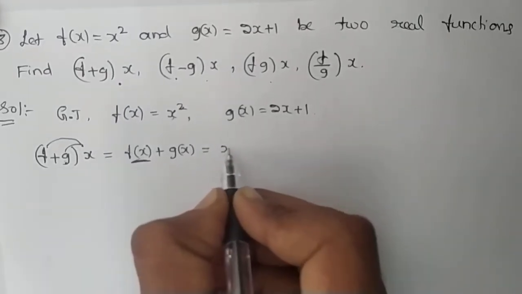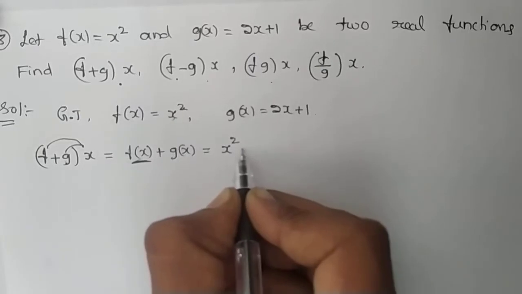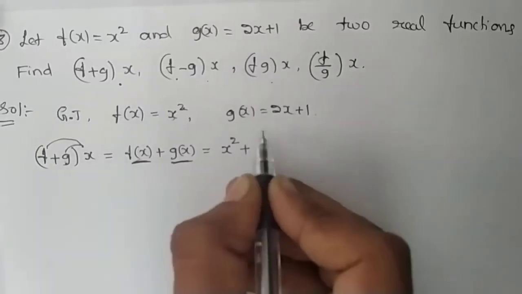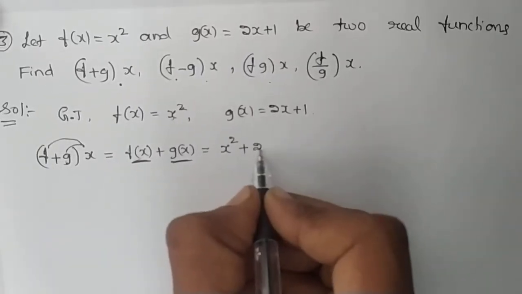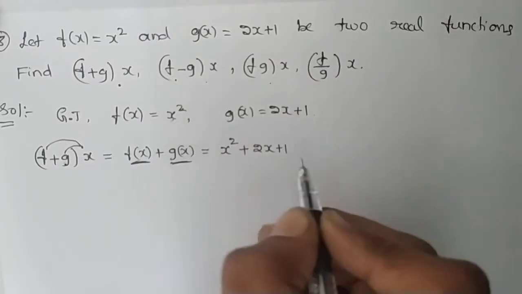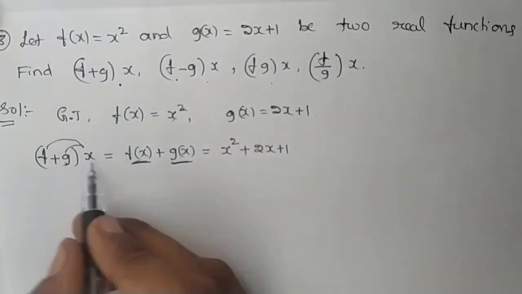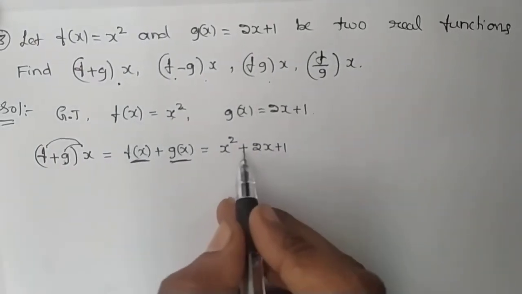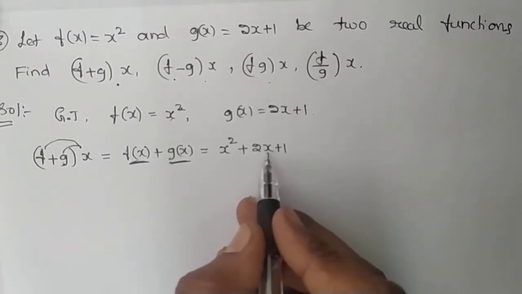You just substitute the functions: x square plus g of x, which is 2x plus 1. Therefore, f plus g of x is x square plus 2x plus 1.